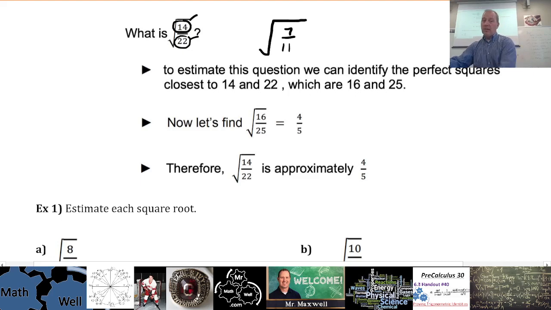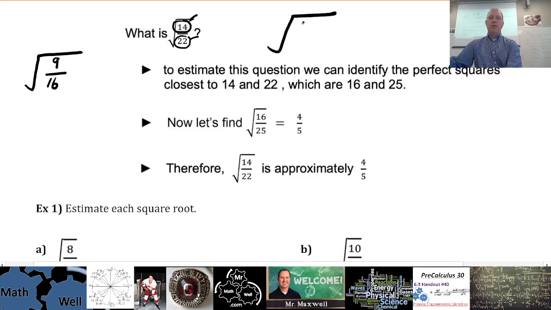Now, you could do benchmarks too, which would be what? Let's see. If we had a number just beneath 14 that's a perfect square, that would be 9, I guess? And the number just under 22 that would be a perfect square would be 16 maybe? Okay. And then on the right side of it, we would have root 16 over 25, right?